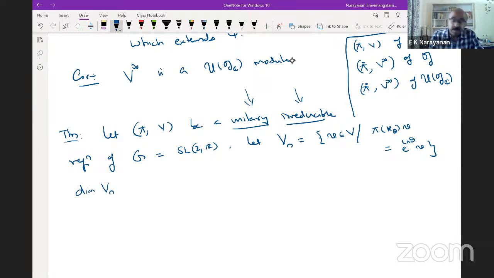So in general, this is a very important theorem due to Harish-Chandra. For SL2R, the proof is much simpler. Okay, so the dimension of Vn is less than or equal to 1. So if Vn survives, then there is a single vector there, essentially. Of course, some of the Vn's need not survive. Vn's can be 0. Okay, so we will prove this.